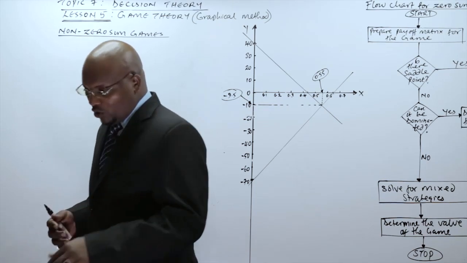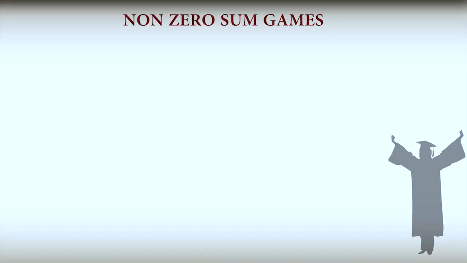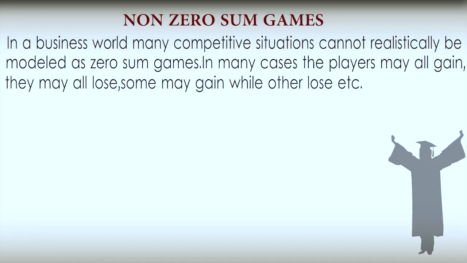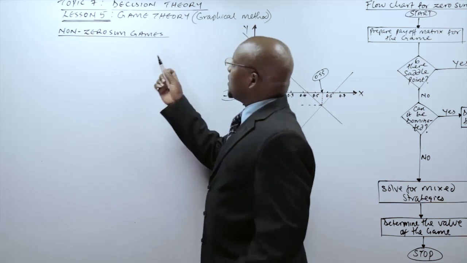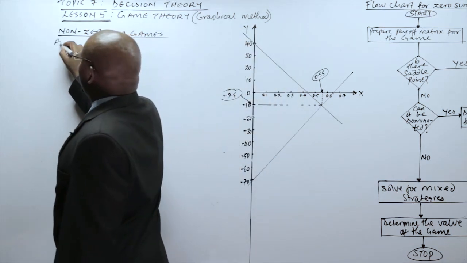Now, in the business world, many competitive situations cannot be modeled as zero-sum games. And therefore, the players may all gain, they may all lose, or one player gaining and the other one losing. Now, when it comes to these non-zero-sum games, we have some applications.